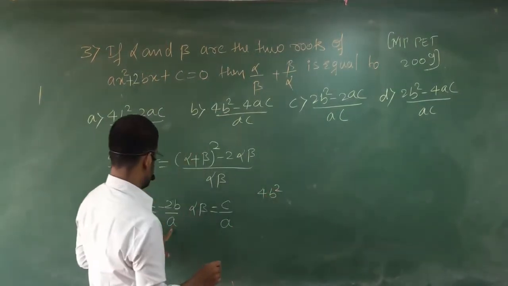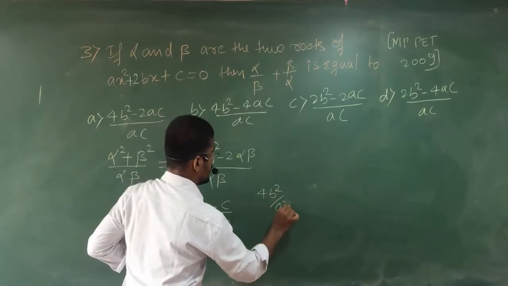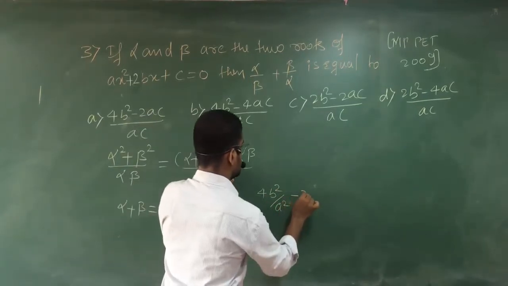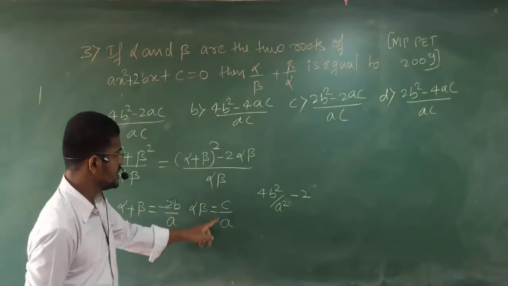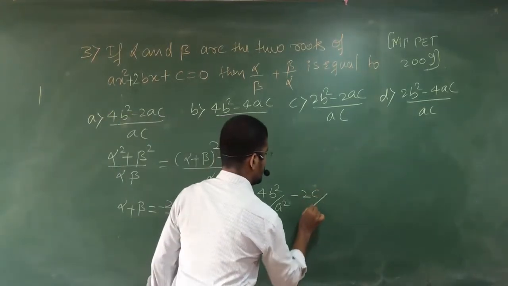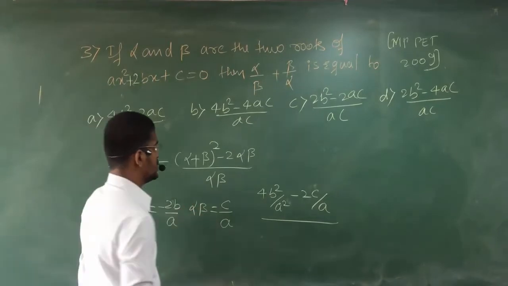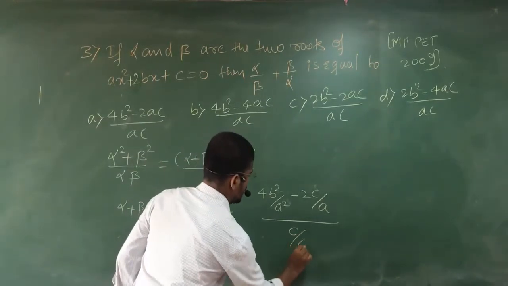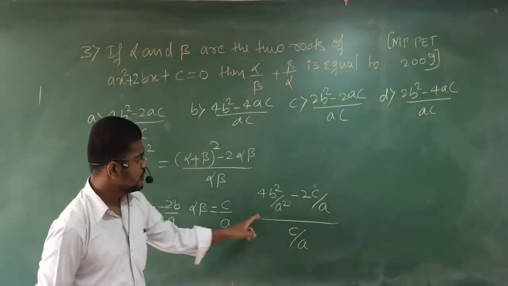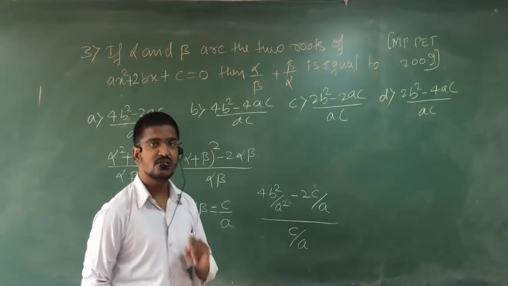4b square divided by a square minus 2 times of c by a divided by alpha into beta is c by a. So if you want to simplify this, LCM is a square.